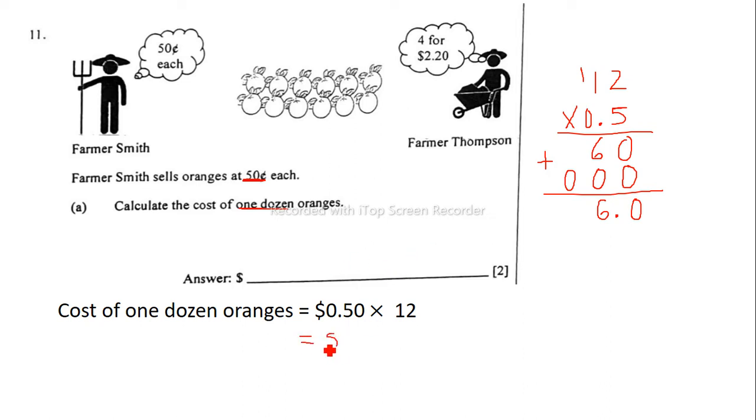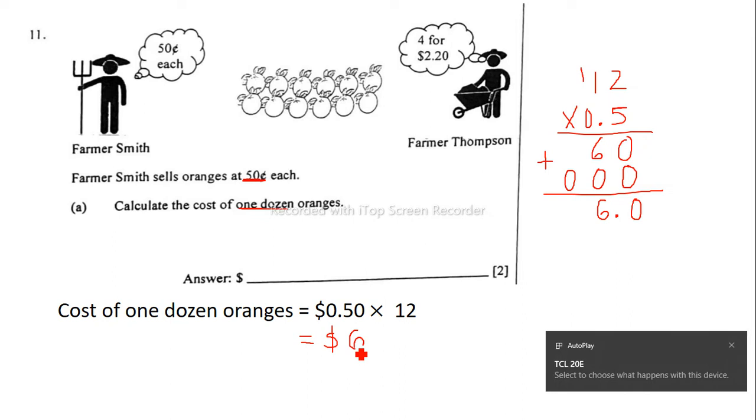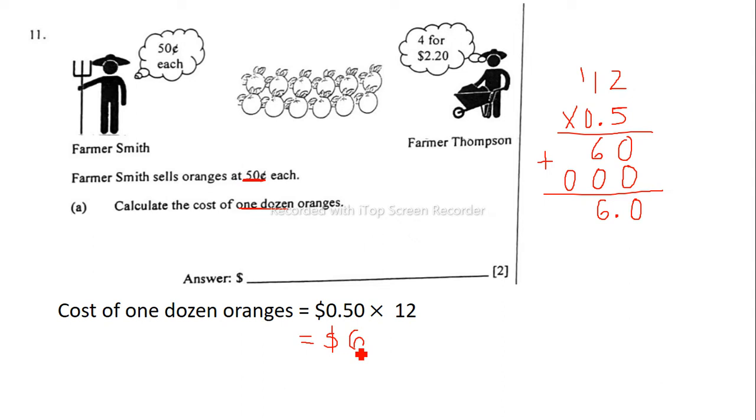Or you can use the 12 times table and say 5 times 12 is 60, and that is $6. Definitely. Alright, so we good?